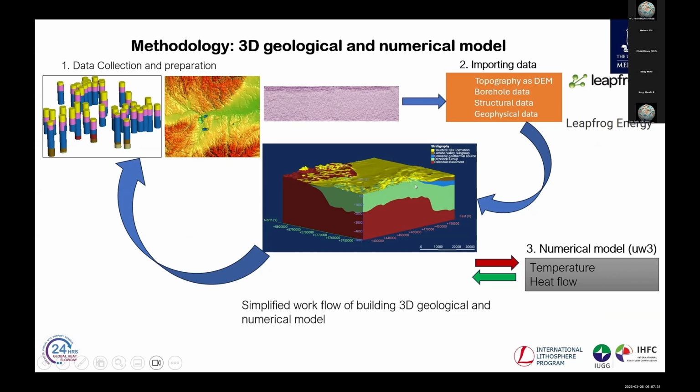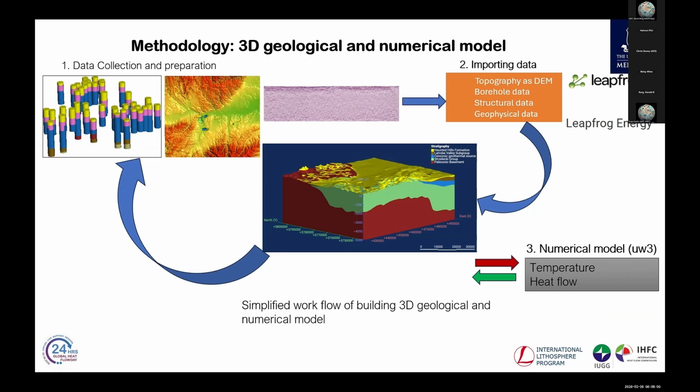And the basin is actually bound by the South Strzelecki Range, and it is bound by the Paleozoic basement, which is composed of granitic rocks in the north. So once the 3D geological model is built, we can export the model, and then we can conduct 3D numerical temperature or heat flow modeling.